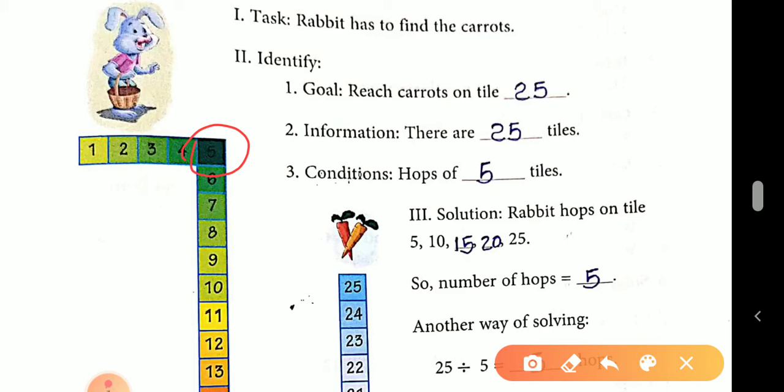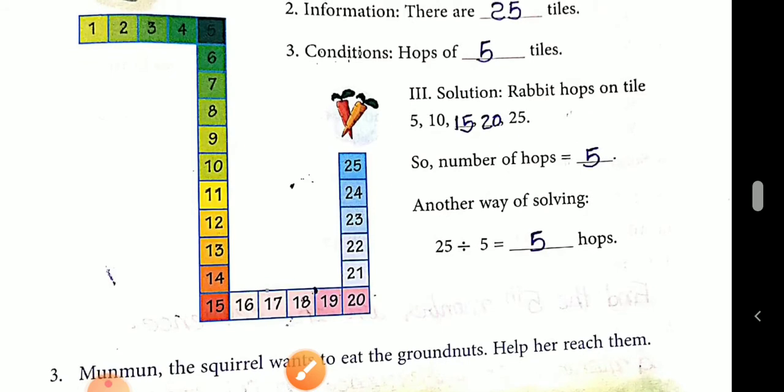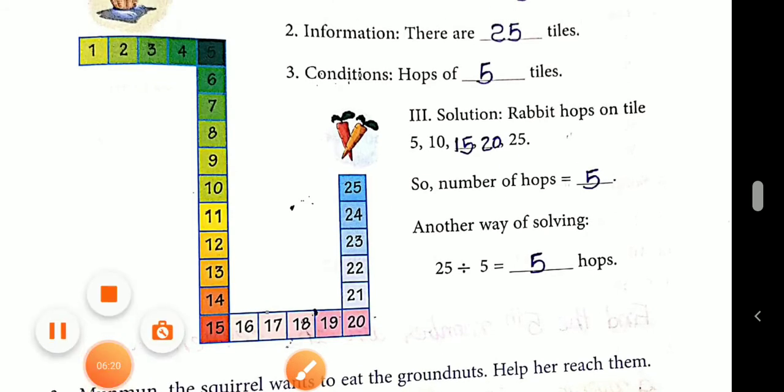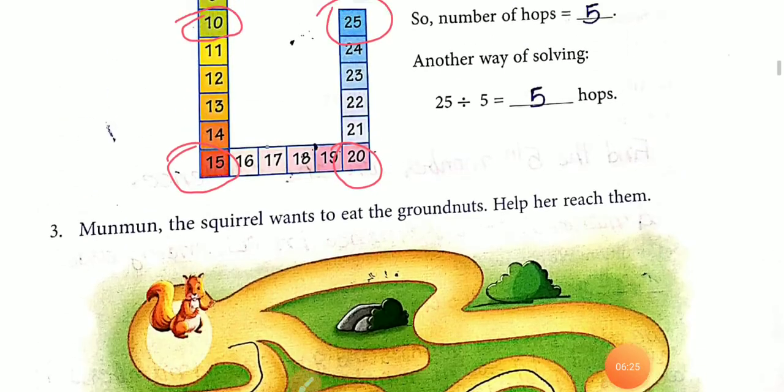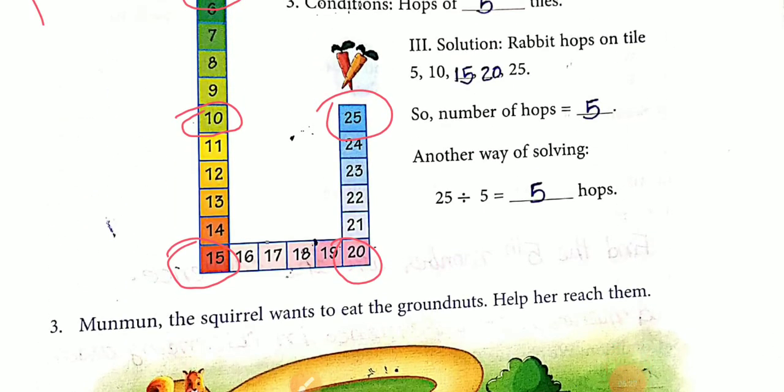So the third step, the solution: the rabbit hops on tile 5, then after that he hops 5 more tiles. 5, 10, so here your solution is the rabbit hops on tiles 5, 10, 15, 20 and 25.